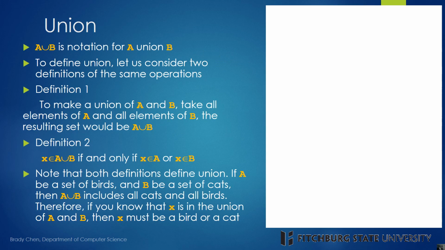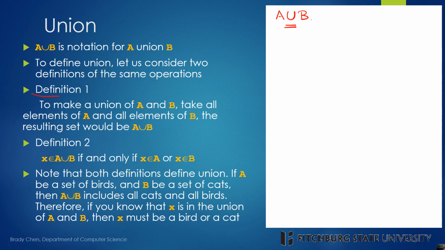So let's look at the first operation, the union. Now we use the notation A union B. Suppose A is a set and B is a set, then for A union B we use the notation that looks like an English letter U. To define union, let's consider two definitions of the same operation.